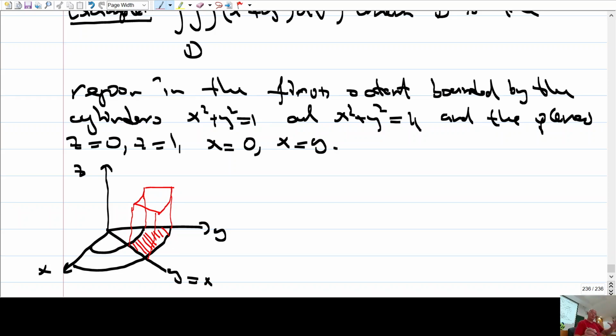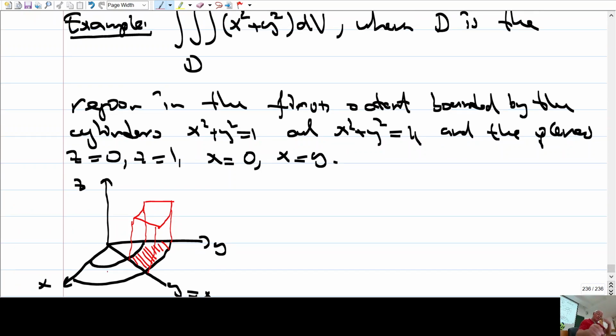Okay, this solid object. So you have two concentric cylinders, and you have a portion between those cylinders bounded by the coordinate planes. And you would like to compute this integral over this region D.